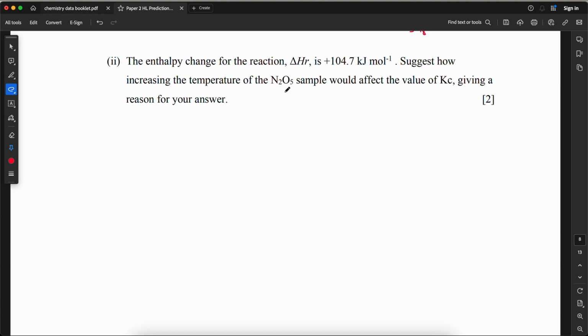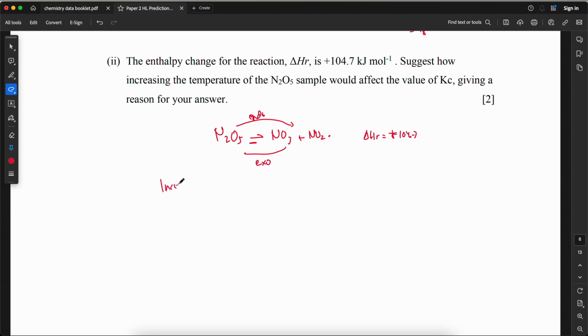The enthalpy change for the reaction, delta HR, is plus 104.7 kilojoules per mole. Suggest how increasing the temperature of the N2O5 sample would affect the value of Kc, giving a reason for your answer. So N2O5 gives NO3 plus NO2, delta HR is plus 104.7. So the forward reaction, because it's plus, would be endothermic, and the reverse would be exothermic.